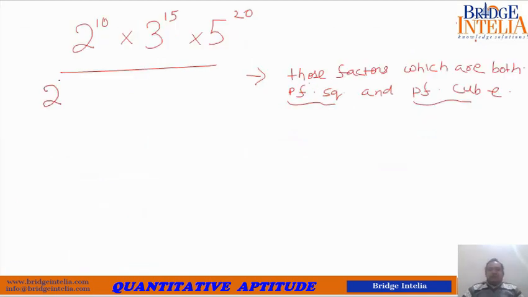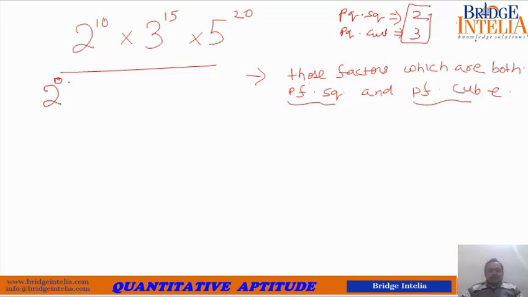That means now the power has to be a multiple of 6: perfect square means a multiple of 2, perfect cube means a multiple of 3. So the power must be a multiple of 6 if it is both at the same time. Let's find out how many such factors there are.